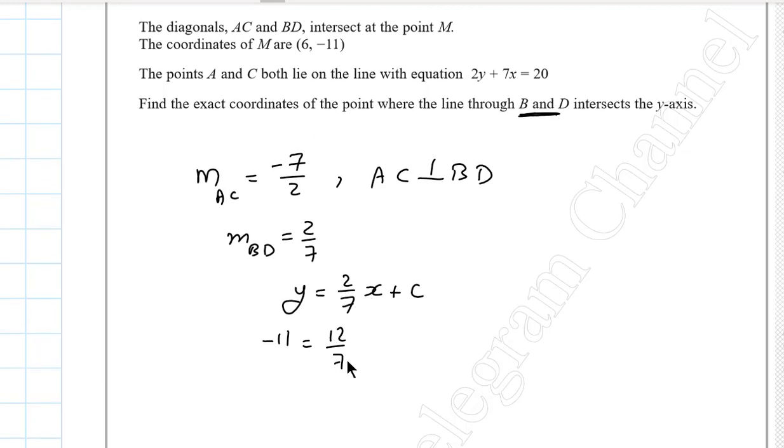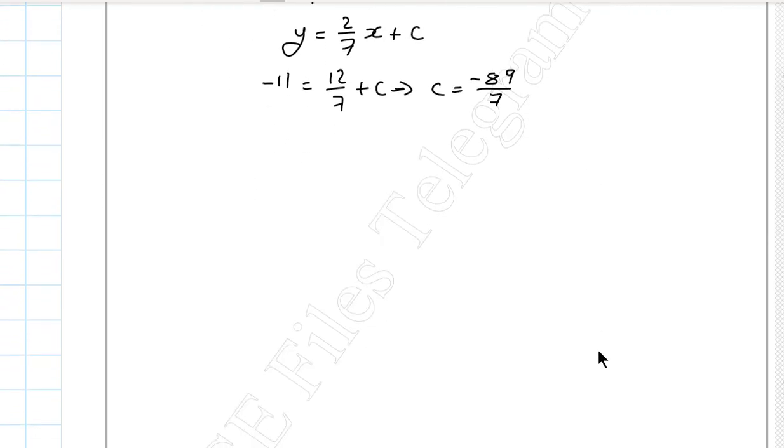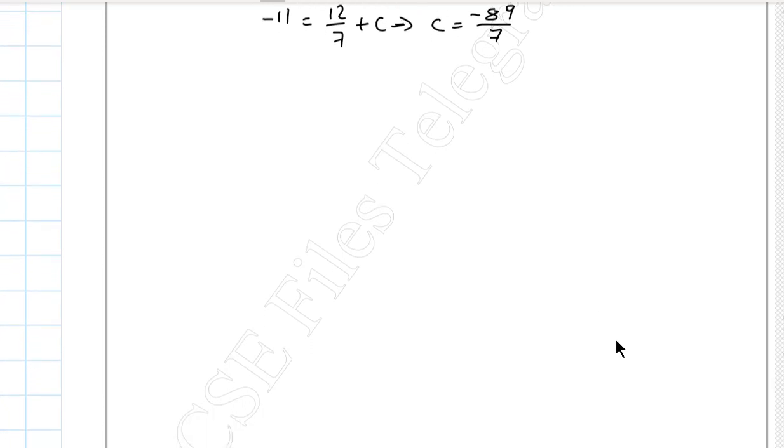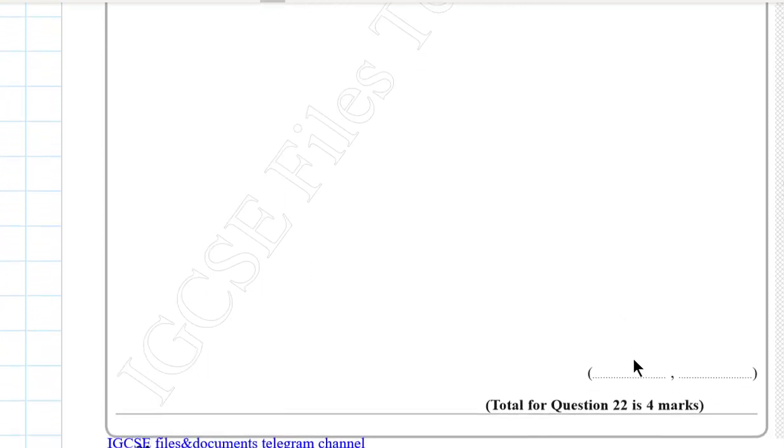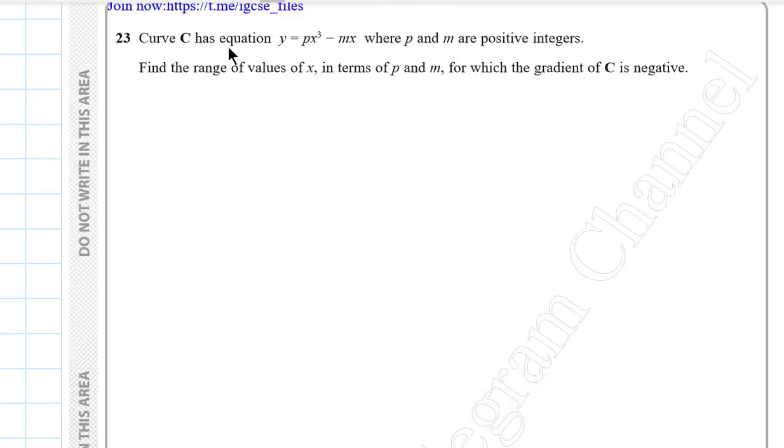So we have 2 times 6, 12 over 7, plus c, which means that c should be 9 over 7. So the y-intercept, or the point of intersection, will be 0 and negative 89 over 7. Okay, 0 here and negative 89 over 7.